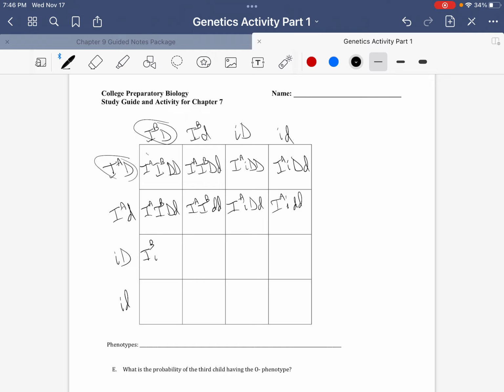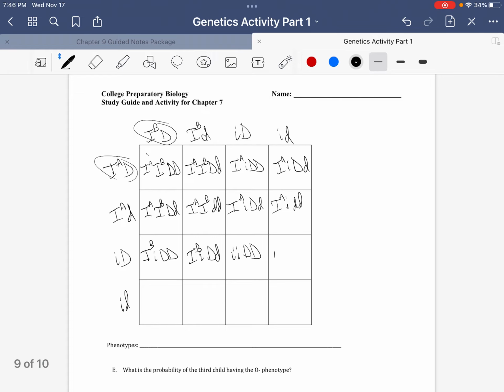Big I with the B, little I, two big D's; big I with the B, little I, big D, little d; two little I's, big D; two little I's, big D, little d; big I with the B, little I, big D, little d; big I with the B, little I, two little d's; two little I's, big D, little d; and last, two little I's, two little d's.